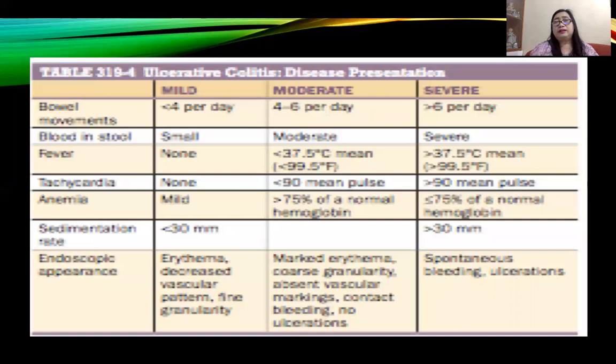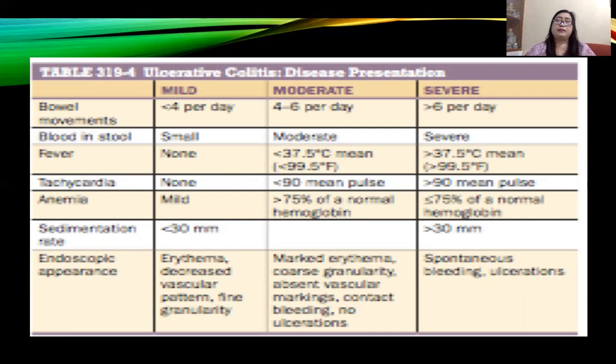So these are the manifestations of your ulcerative colitis, the mild and moderate and severe. So based on the bowel movements, all of them will develop diarrhea with hematochezia and mucoid stools. Okay?